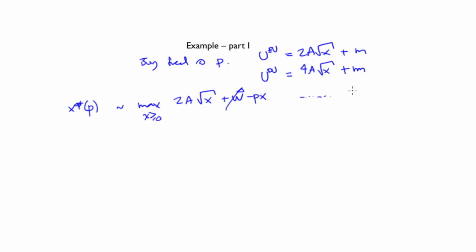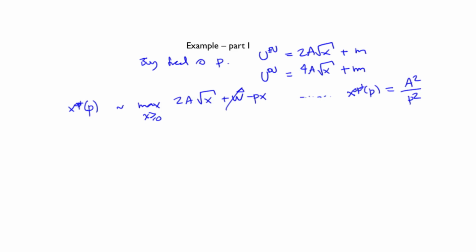But basically from that you get that the optimal x at P is equal to a squared over P squared. As a side comment, notice that this was also the demand at P in the previous model, which is not surprising since in that model we were assuming that decisions were made by maximizing the true experience utility function, and therefore the behavior and the optimal choice have to be the same.